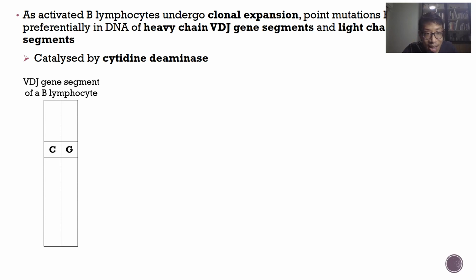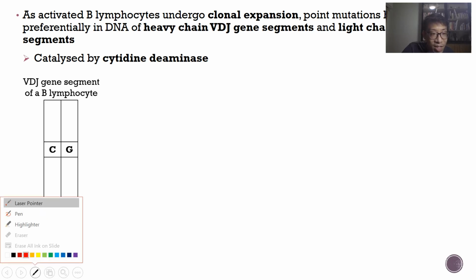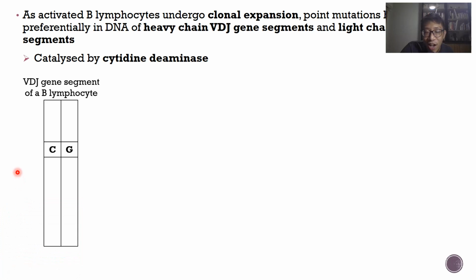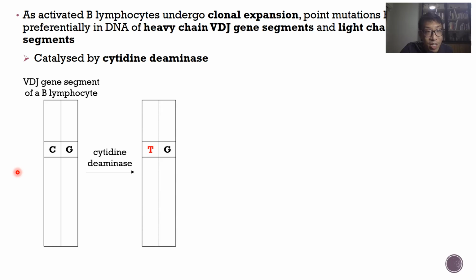Right, so what cytidine deaminase does, as the name suggests, it deaminates, it removes an amine group from the cytidine, which is the C base. Okay, so in the example here, if the VDJ gene segment of a particular B cell is activated, during clonal expansion, these mutations are introduced such that the C becomes a T. This is really what the cytidine deaminase does.